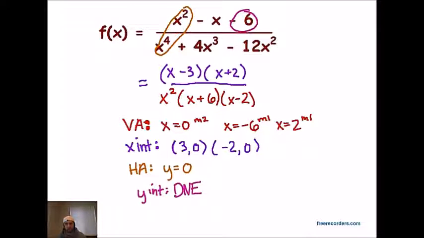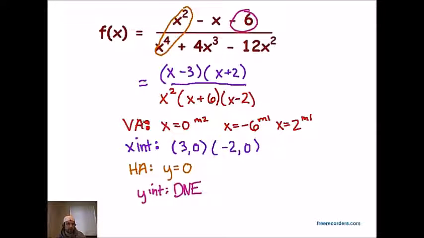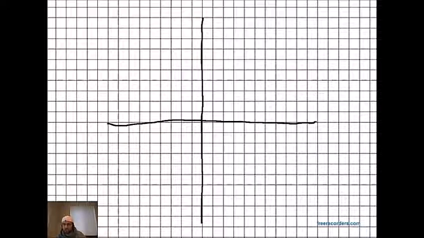Okay, so if I jump over to a graph, let's go ahead and build ourselves our graph. Super rough sketch, sorry. Okay, and so our important information, I always start with the vertical asymptote, so we're going to be at 0, negative 6, and 2.